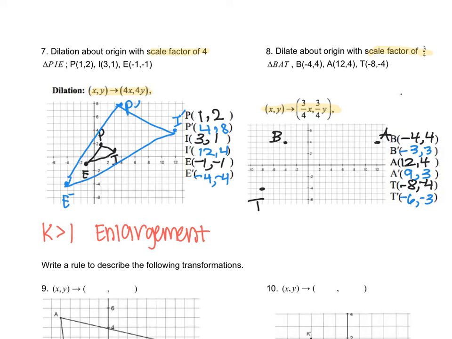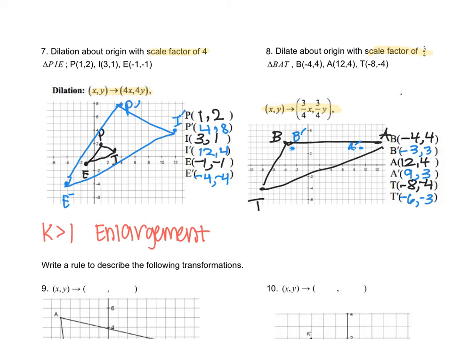So my new coordinates, let's first connect the coordinates of the original triangle. So now my new triangle: -3, 3 for B prime. A prime is at 9, 3.